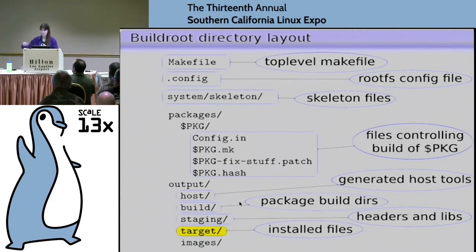You're trying to collect them all over here in this place that is segregated for target binaries and libraries. And finally, you have the images directory, which is the end result. When you've done your Buildroot build, the images pop out here. These are the files that you would actually install to get your new Buildroot rootfs up and running.